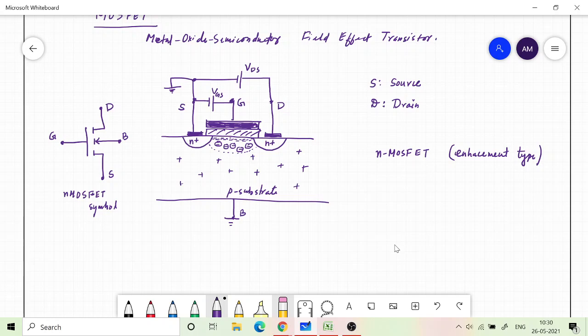Okay, so we need to create inversion layer using the gate voltage. After creating, you have to apply a gate voltage greater than threshold voltage to create the inversion layer. Only then there is a path connecting drain and source, otherwise there will be no current. So that is how we achieve the switching operation of a MOSFET. We will look at that in the following classes.